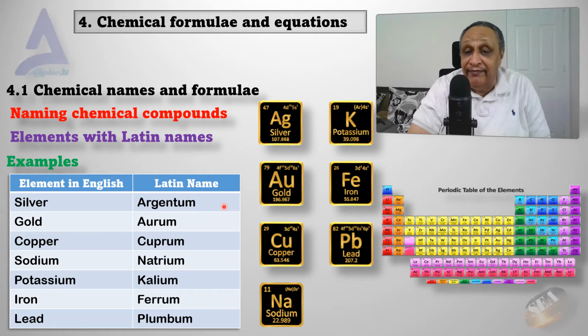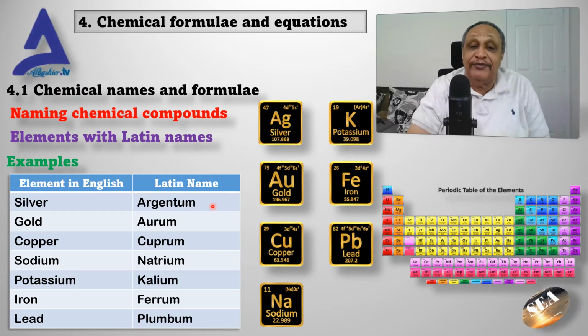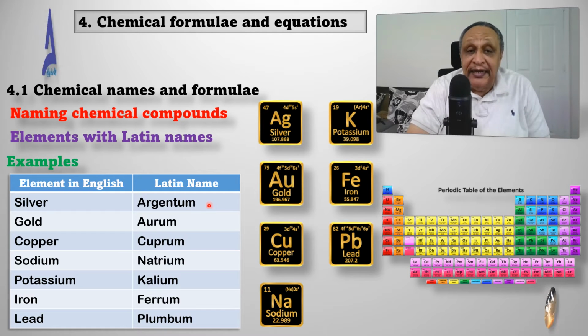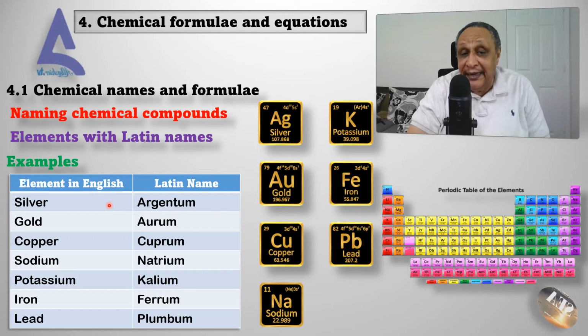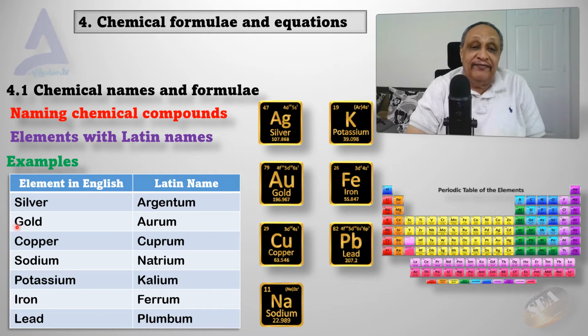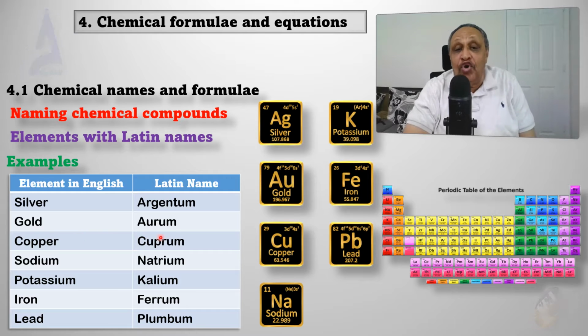Argentina is the silver land, the country where Messi is from. So it is argentum, and we take the A and the G, and here we have the silver, Ag.